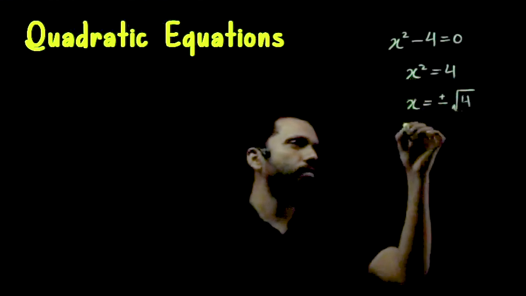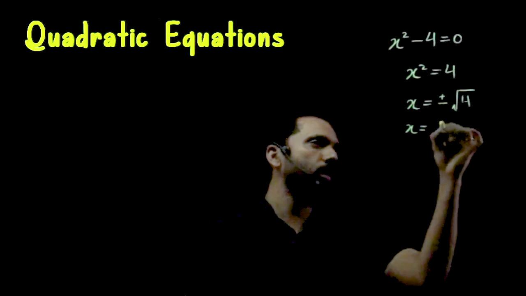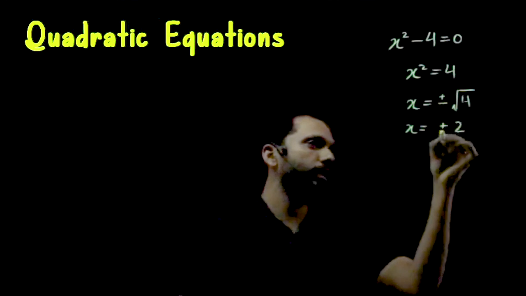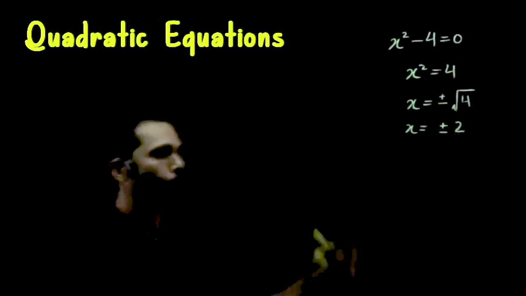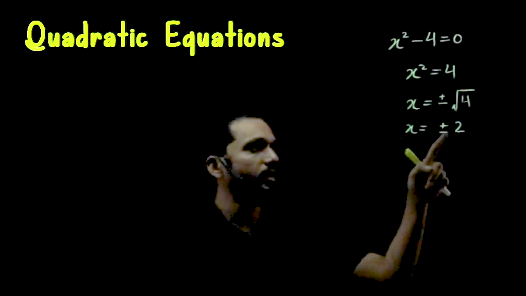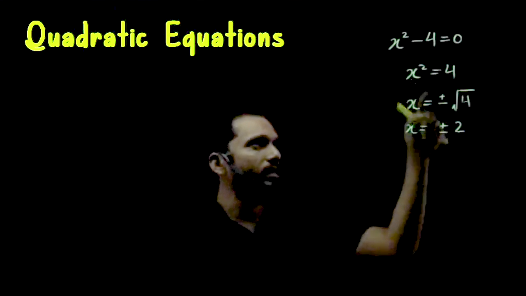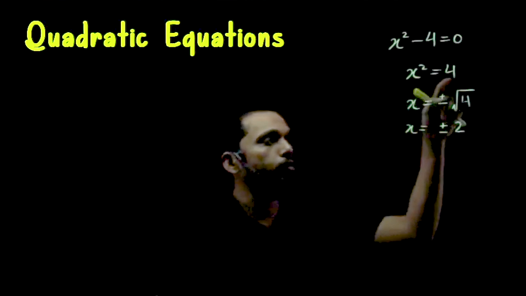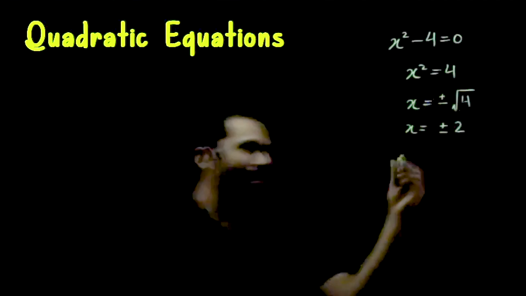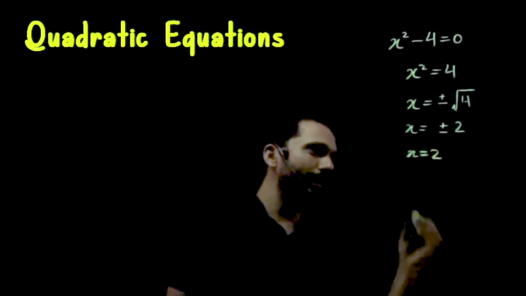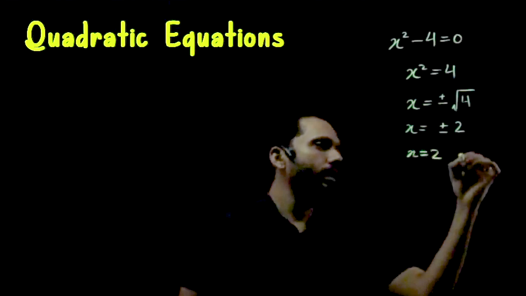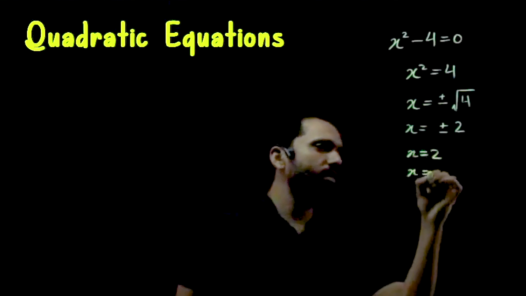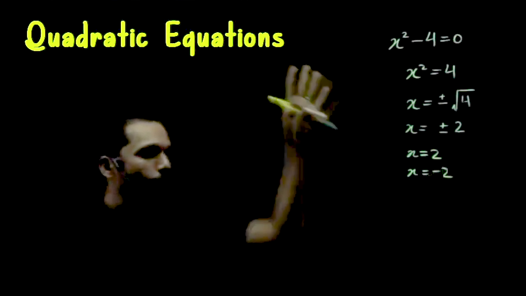Meaning to say my answer of x will not be only plus 2, my answer of x will be minus 2 also. Why would my answer be minus 2 also? Because I'll just put it back and check. Plus 2 square is 4, that's right. Minus 2 square is also 4, that's also right. So x is equal to 2 is one root, and x is equal to minus 2 is the other root.